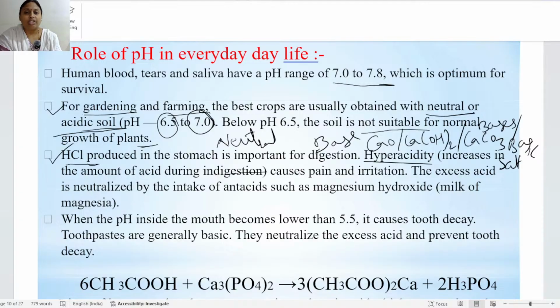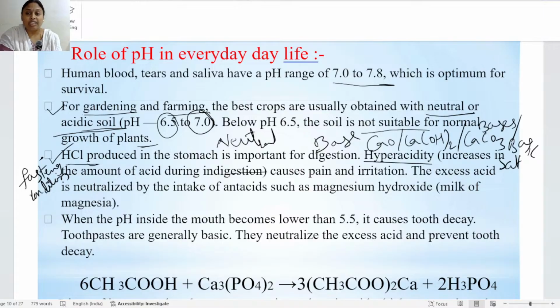So when it comes to indigestion, it is due to the increase in the amount of acid. We are staying with an empty stomach, which is known as a fasting condition. Whenever we are in the fasting condition, indigestion occurs, and acid reflux also, so we feel a burning sensation. How can we relieve that pain?